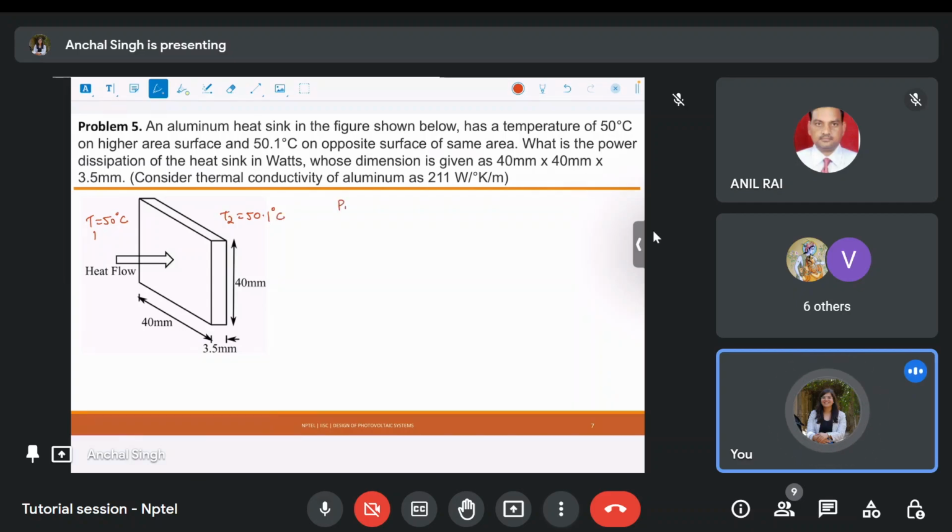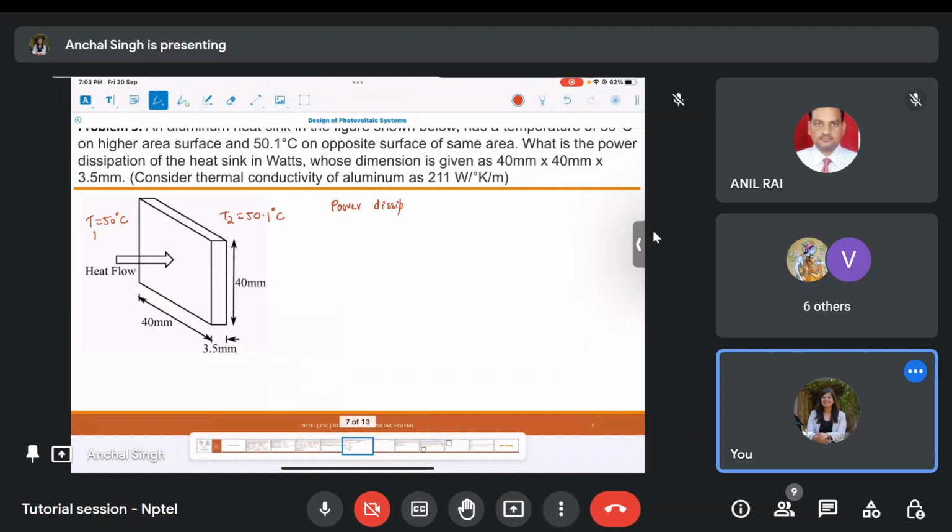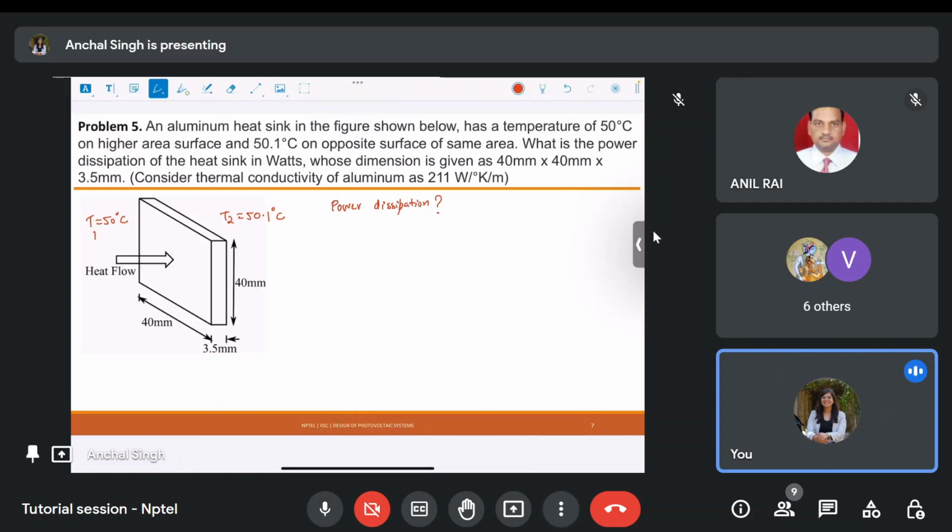So they have asked us to calculate the power dissipation of the heat sink, whose dimensions are given as 40 cross 40 cross 3.5 in mm, and they have also given the value of K, that is 211 watt per degree Kelvin per meter.